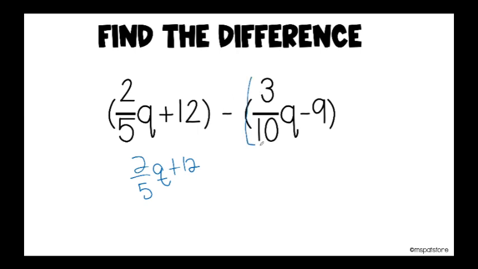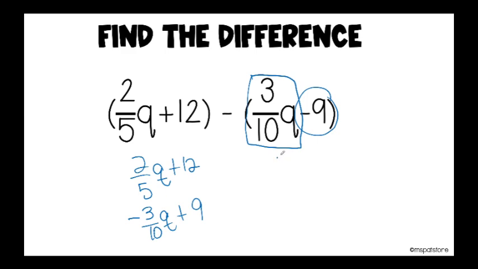This term is positive 3/10 q. So the opposite is negative 3/10 q. Instead of negative 9, it will be positive 9. Okay? So now I'm ready to continue.